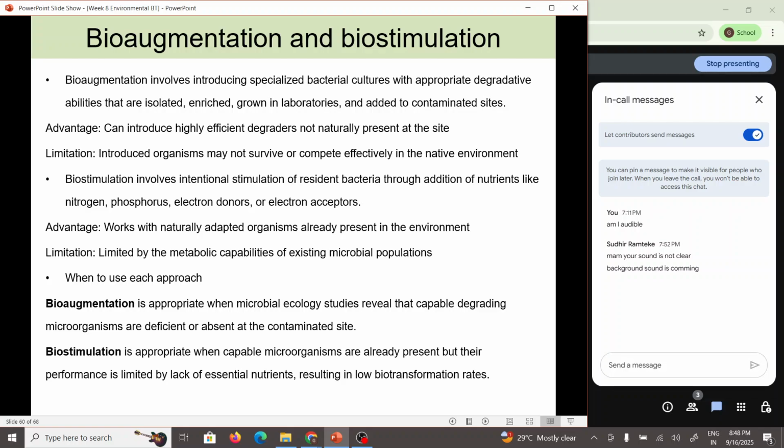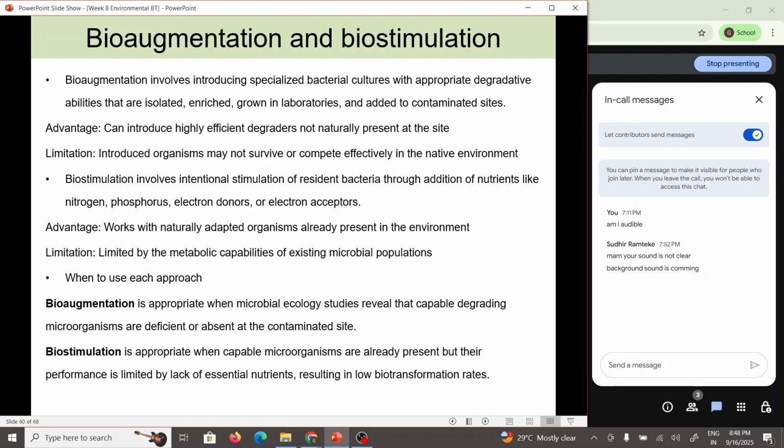Now, talking about the biostimulation process. In biostimulation, we are not going to add any external microorganisms, but instead we add nutrients that can help the microorganisms grow. So biostimulation involves intentional stimulation of the already residing bacteria in the system by adding nutrients like nitrogen, phosphorus, electron donors or acceptors.